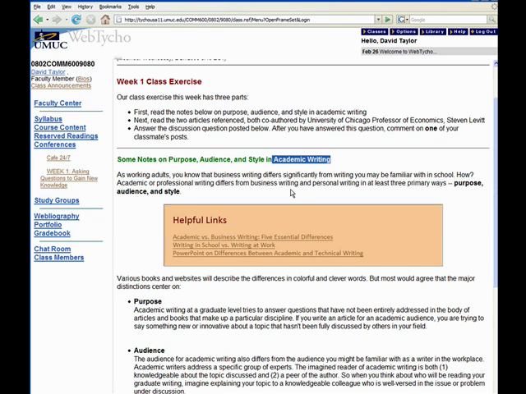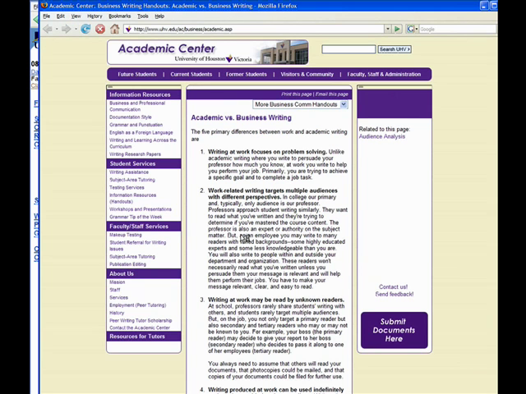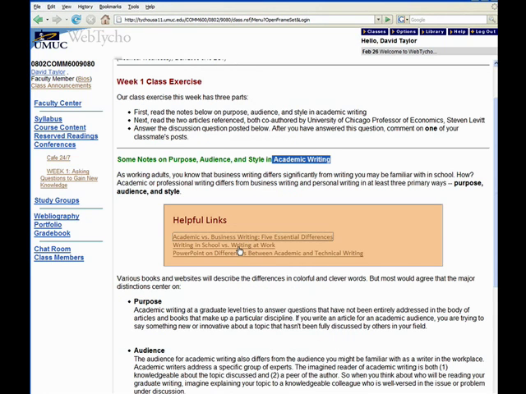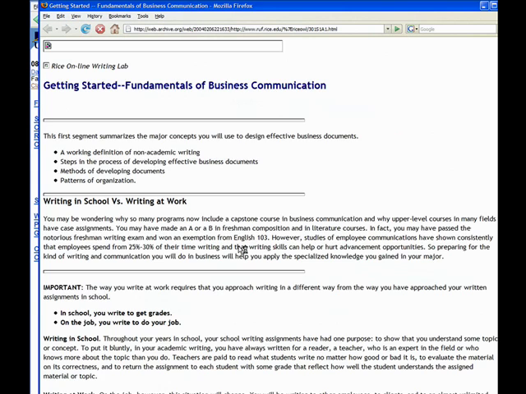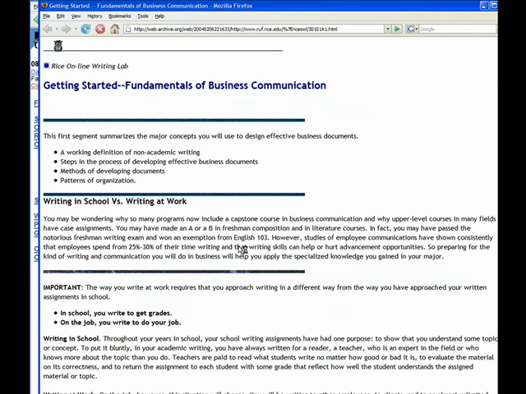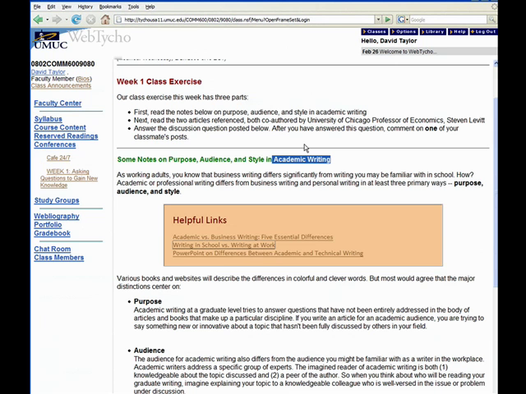To help you contrast some of these differences, I have provided these different links: academic writing versus school writing, 5 essential differences. Also provided the link writing in school versus writing at work, another list of differences. And then a PowerPoint. I won't click on this one so that we don't have to take the time to open up the PowerPoint, but it also gets at a variety of differences.